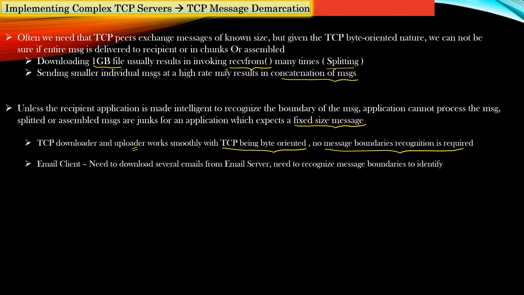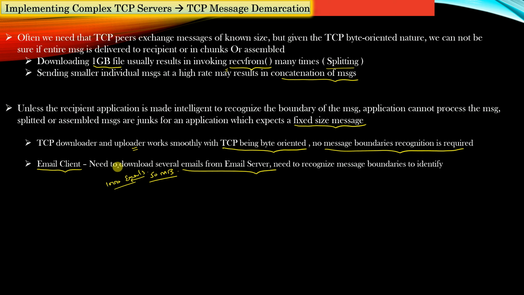But consider another scenario. Let's say you have an email client such as Outlook. When you start the email client, it downloads several emails from the email server over a TCP connection. Let's say your email client downloads 50 megabytes of data from the email server, and this 50 megabytes contains 1000 emails.